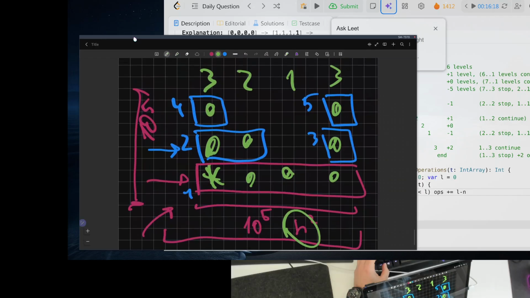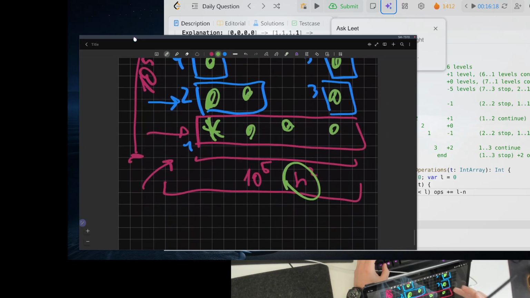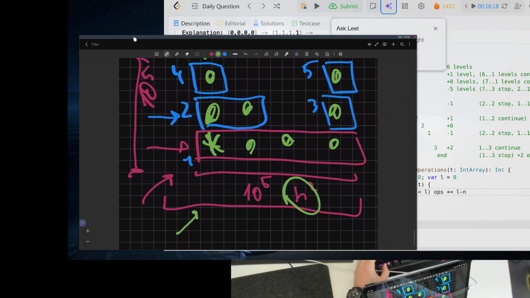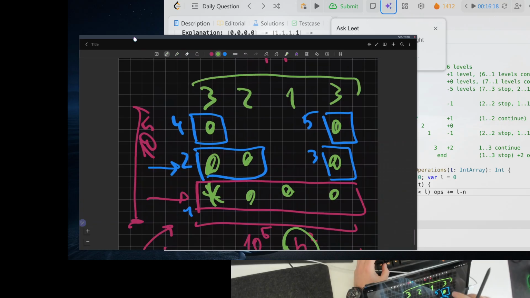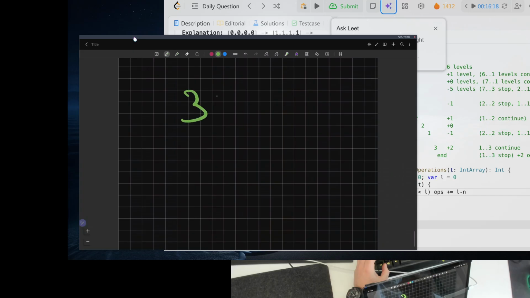So how can you find this linear solution? Let's again look at these operations, but now we have to look at the numbers. 3, 2, 1, 3. Imagine we have some linear algorithm. Let's assume we have it. So we have index i, and we know the current number. What else do we know? Nothing more yet.